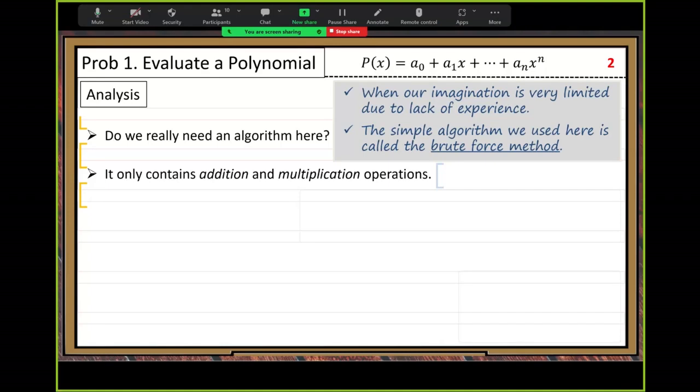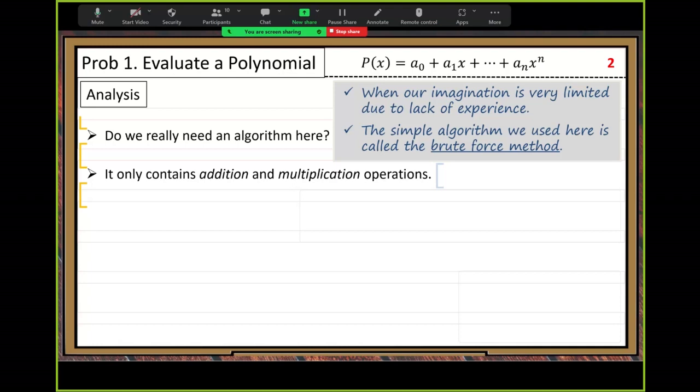So before I present the new material, let me explain our current situation. So where we are at this point. We just completed the brute force method, right?